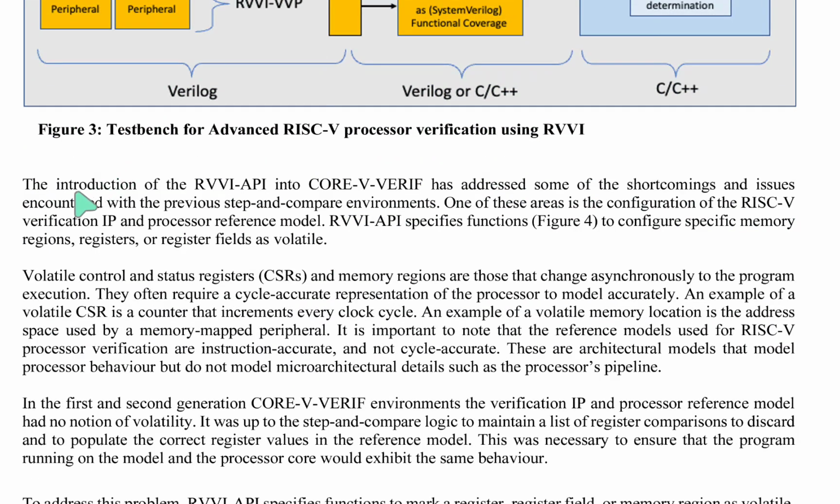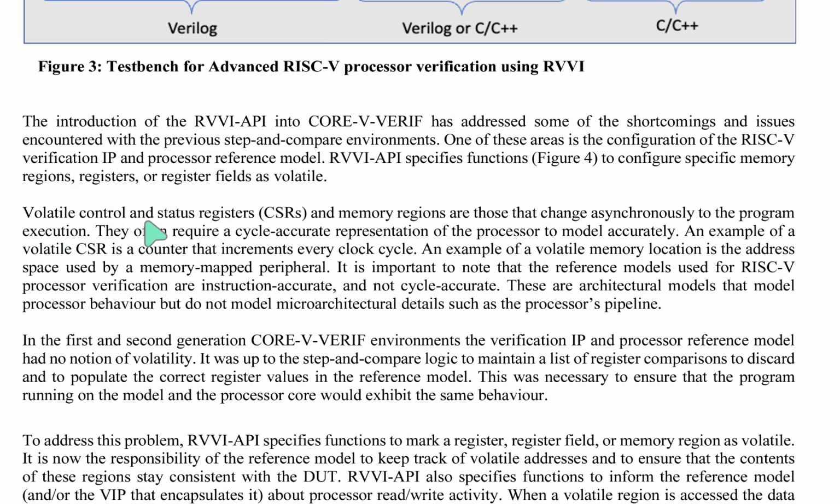The introduction of the RVVI API into CORE-V-VERIF has addressed some of the shortcomings and issues encountered with the previous step-and-compare environment. One of these areas is the configuration of RISC-V verification IP and processor reference model. RVVI API specifies functions, Figure 4, to configure specific memory regions, registers and register fields as volatile.